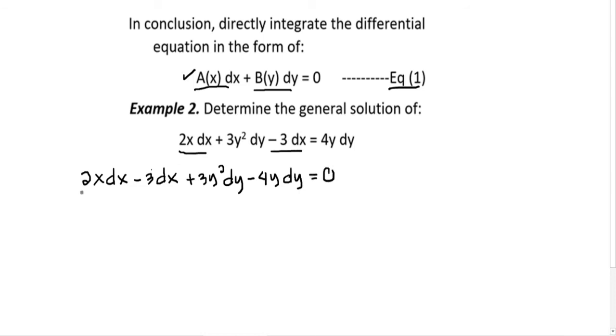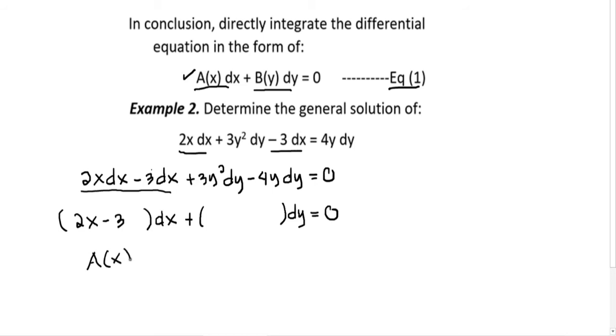For the first 2 terms, the dx terms, let's factor the dx. And for the other 2 terms, let's factor the dy. Inside the parentheses here, for the dx term, we have 2x minus 3. And this 2x minus 3 is now the ax in equation 1.